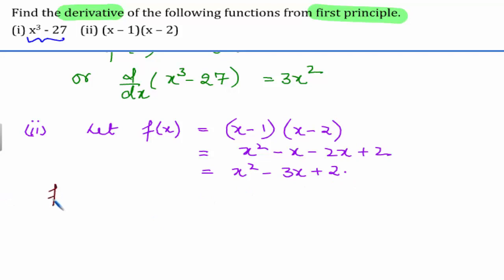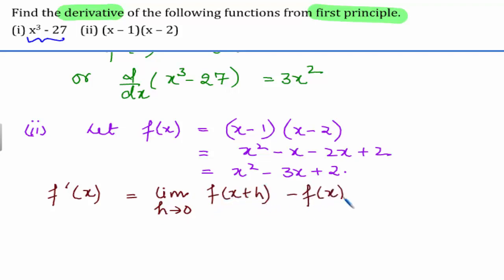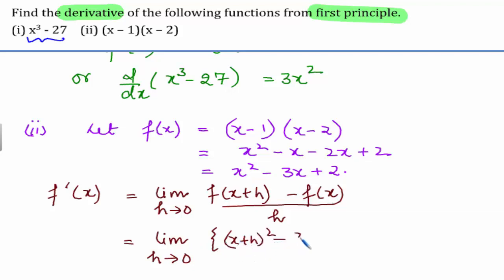Now let us find the derivative. From the first principle, the derivative is given by limit as h tends to 0, f of (x plus h) minus f(x), divided by h. So this can be written as limit as h tends to 0, now we have (x plus h) whole square minus 3 into (x plus h) plus 2.